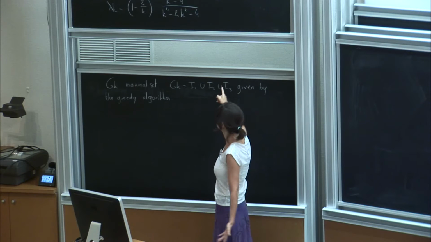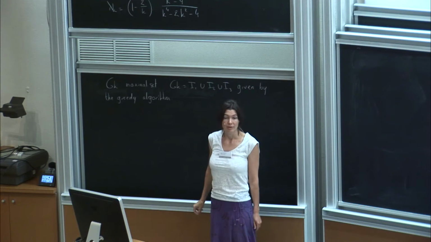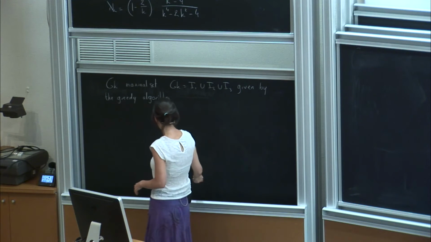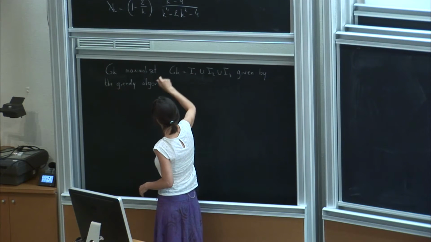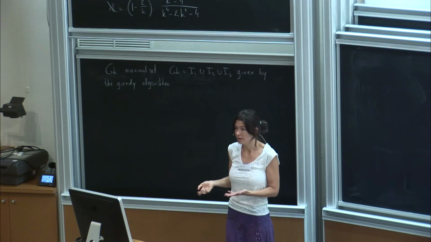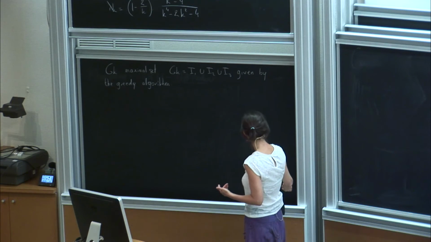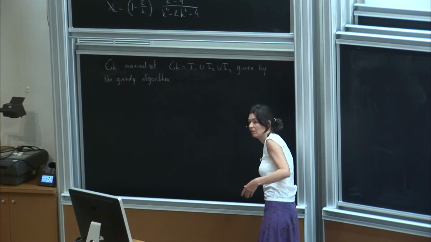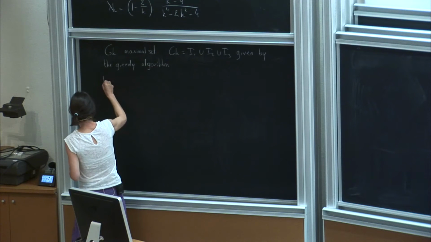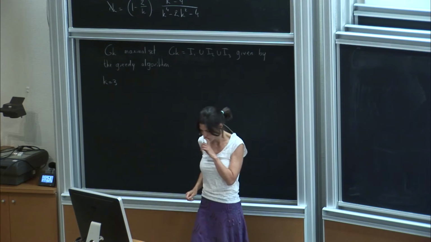And the density is this lambda k, the maximal density. So I will explain what this set looks like, and how you get the lambda k, which is a consequence of getting G_k. And we will also see what happens for k equal to 3.